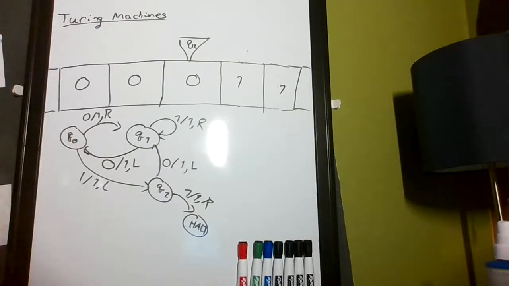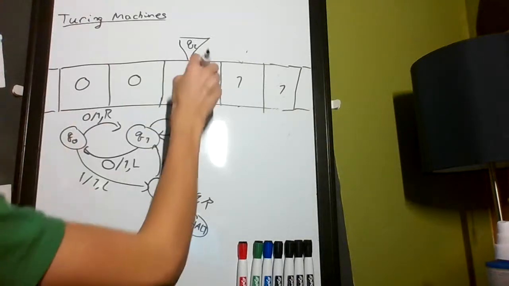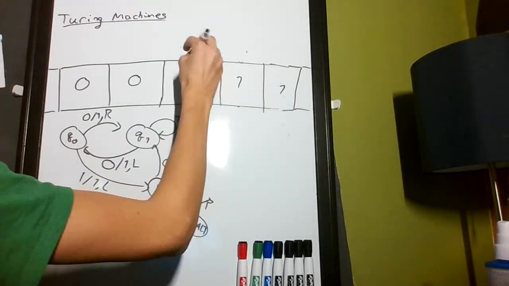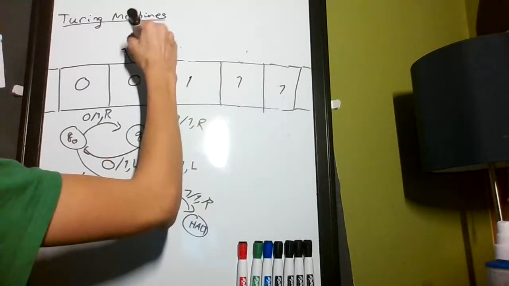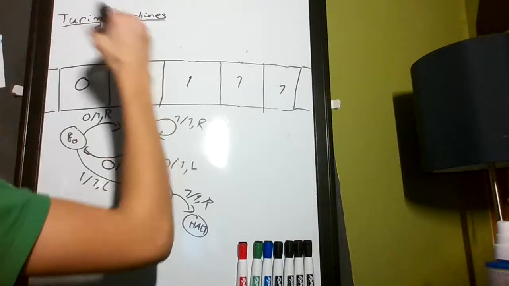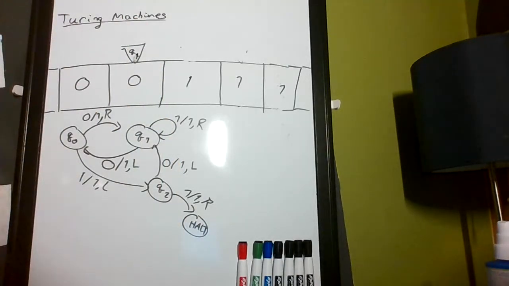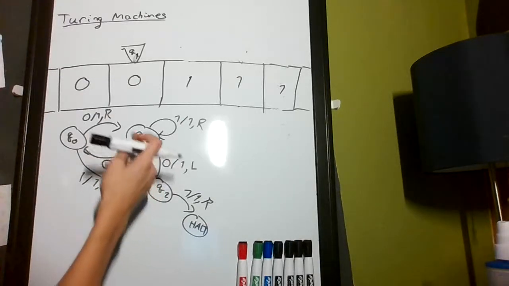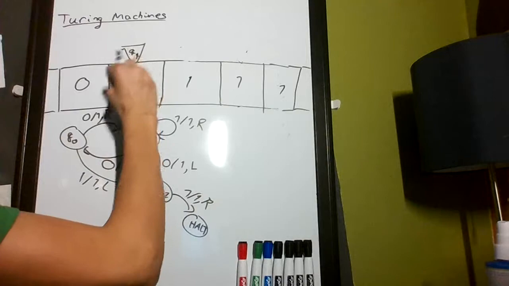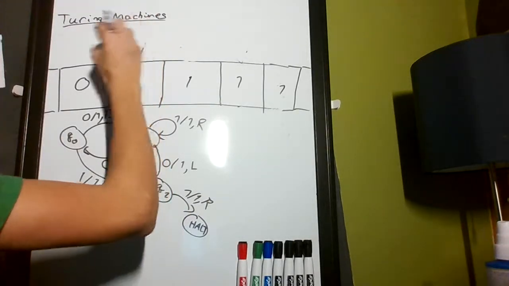Now, if I'm on Q2 and I read a 0, I'm going to write a 1 and move it to the left. And I'm going to move it to state Q1. Right? So right now, right here, if I read a 0, what I'm going to do is I'm going to write a 1 and move it to the left.